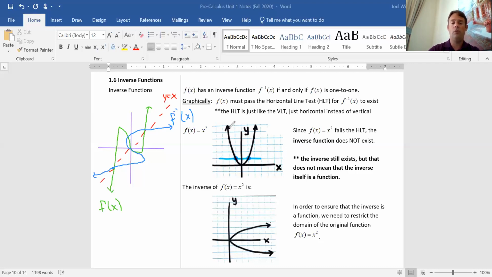So if you look at this parabola right here, it passes the vertical line test. It's a function. But notice, it would not have passed the horizontal line test. Therefore, its inverse is not going to be a function. In other words, say I graph the line y equals x.